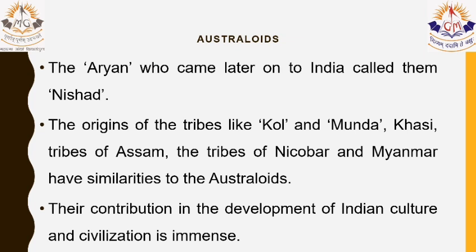Today, similar physical features are seen in those parts of the world, and that similarity we can find in some of the tribes of India also, which suggests that thousands of years ago these people must have migrated from that part of the world to India.